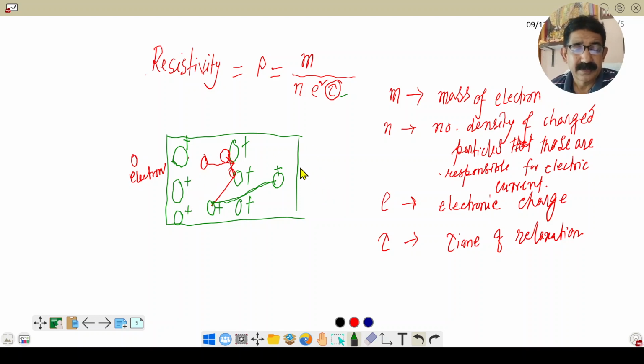So when temperature is increased, the electron is agitated. That means the electron moves with comparatively larger speed.